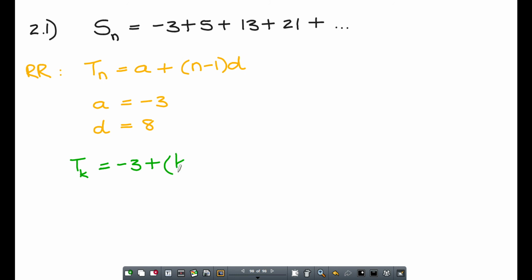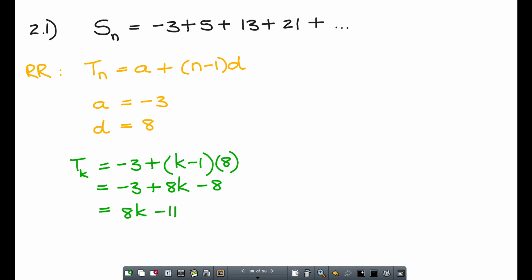So k minus 1, and then my d value was 8. Right, let's multiply n, so it's going to be plus 8k minus 8, en as ek dit vereenvoudig, gaan ek hê 8k minus 11.